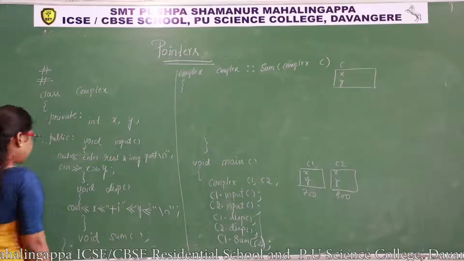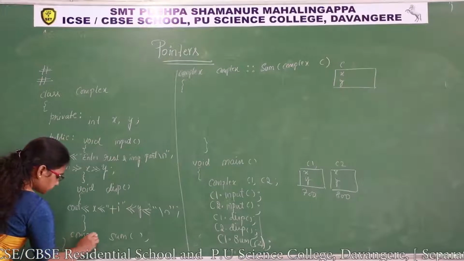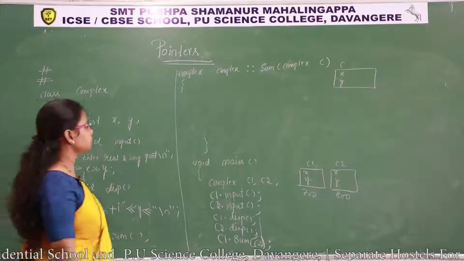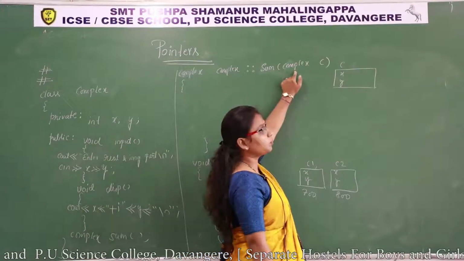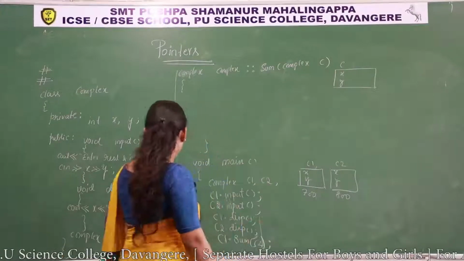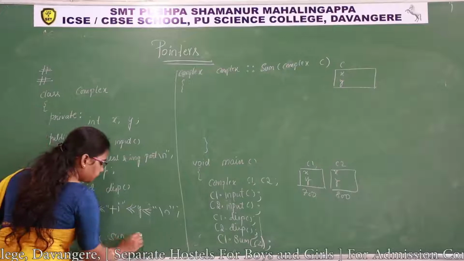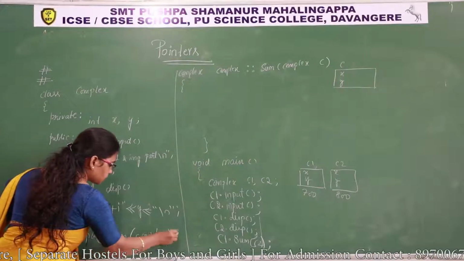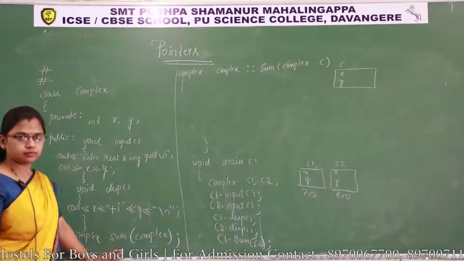Let us modify here also, complex. So the return type becomes complex here. Next, here a parameter is there, no? That is complex type. Here I left empty parenthesis. Let us write the data type here, complex, semicolon. Now the statement is completed.